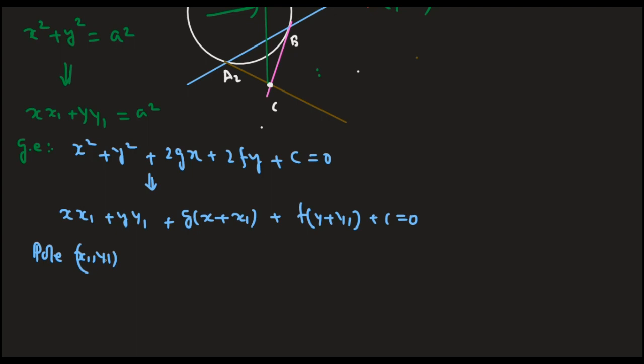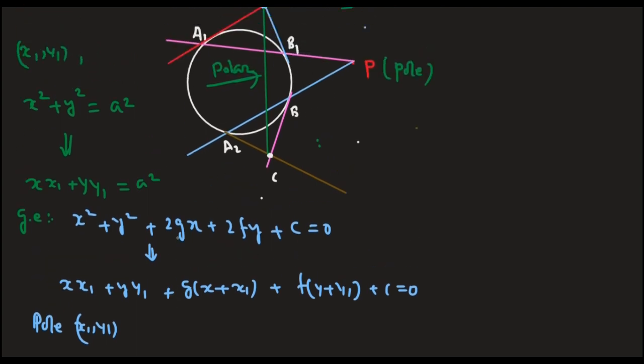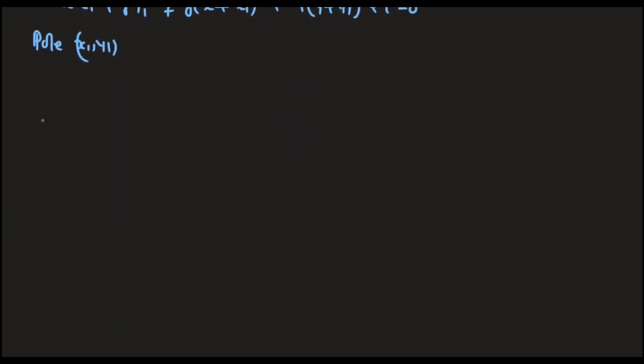Okay, so depending upon the position of the point P, we have different pole and polar. First of all, consider case 1 where P lies outside of the circle. So we have one circle and P lies outside of the circle, suppose here.